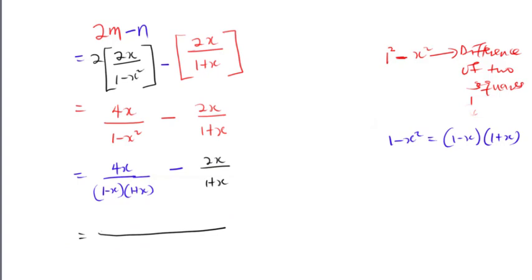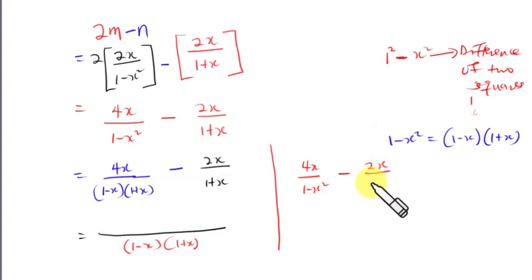So I see 1 minus x here, I don't see it here, so I'm going to write 1 minus x here. Okay, I see 1 plus x here, I see it here. I'm not going to write it twice, I'm going to write it only once, so 1 plus x here. All right, so that is what we have to put here. So essentially from here we could have done this 4x over 1 minus x squared minus 2x on 1 plus x.